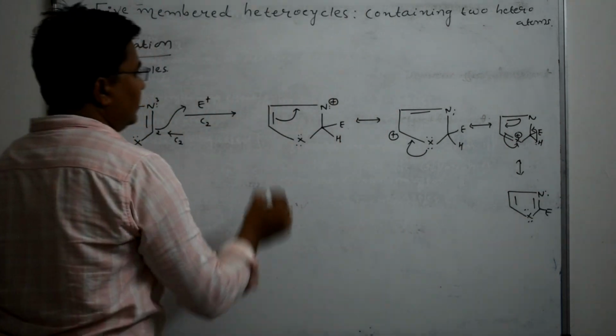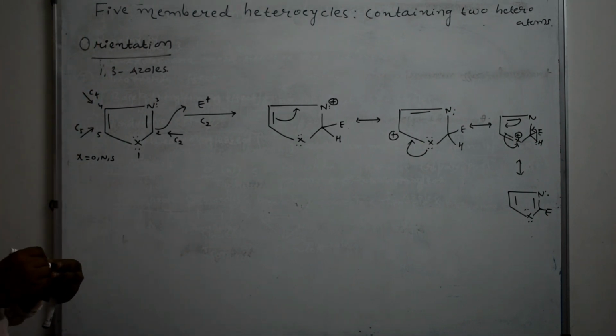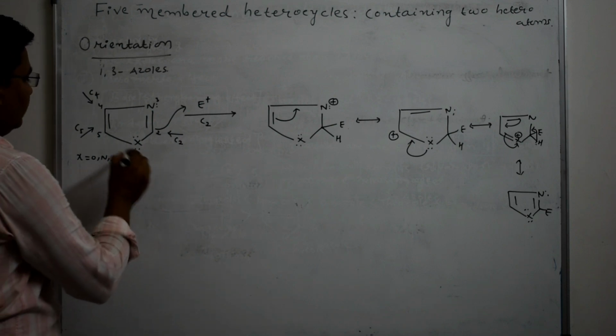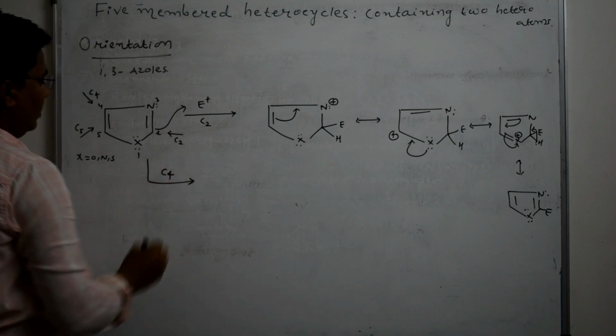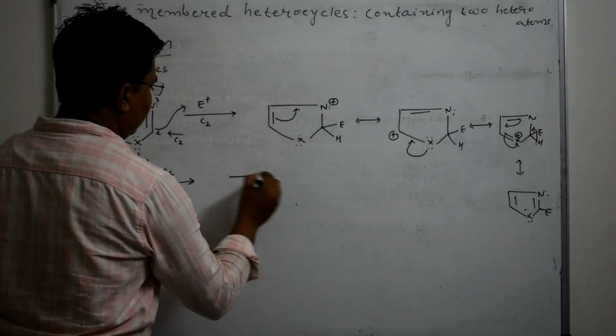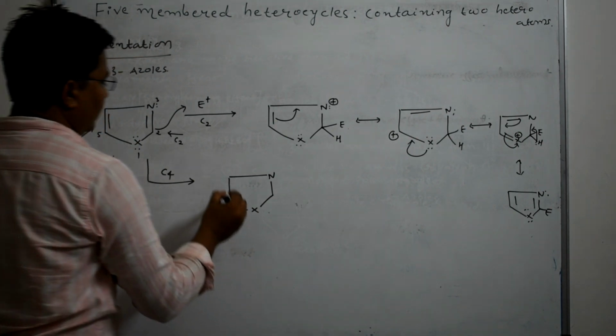So what we have seen is the resonating structure in the case of electrophile attack on the C2 carbon. Now let us see in the case of C4, what happens if it attacks at C4. So this is your nitrogen, this is X, right?